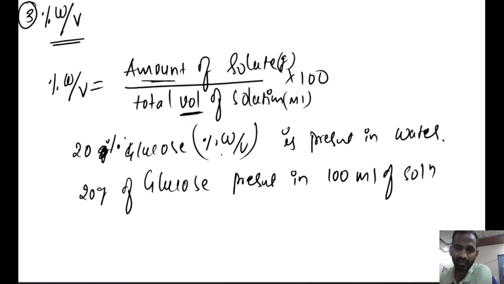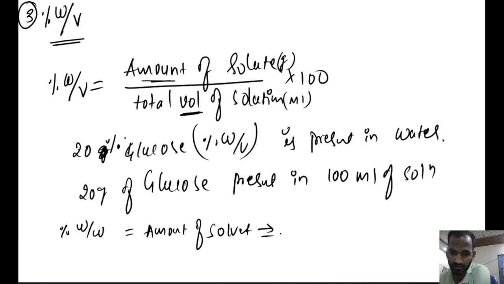So directly we can't find the volume or weight amount of solvent here. If W by W percentage is given, then to know the amount of solvent, amount of solvent is equal to amount of solution minus amount of solute.